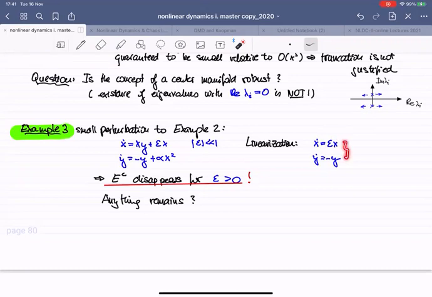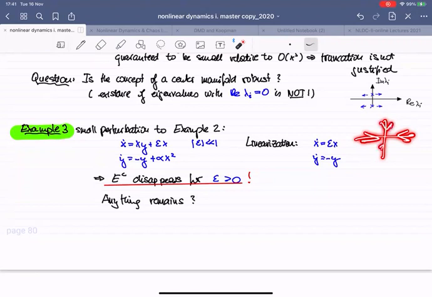What's happening now is that if I do a stability analysis, then in the x direction, I have an instability when epsilon is bigger than 0. If epsilon is less than 0, which some consider to be a joke in mathematics because epsilon is always bigger than or equal to 0, but this is just a parameter, then I have the opposite.